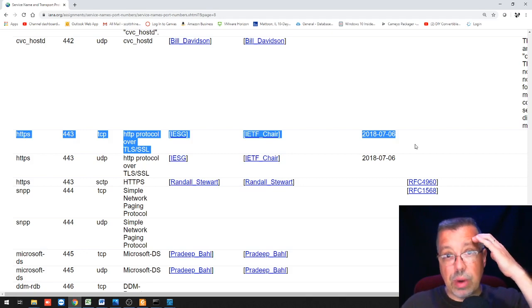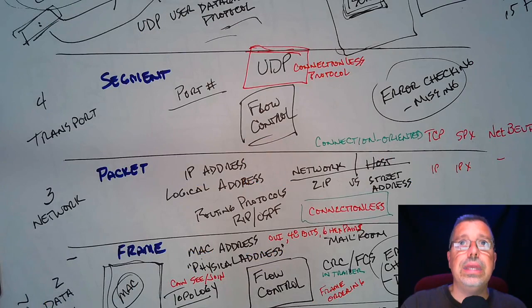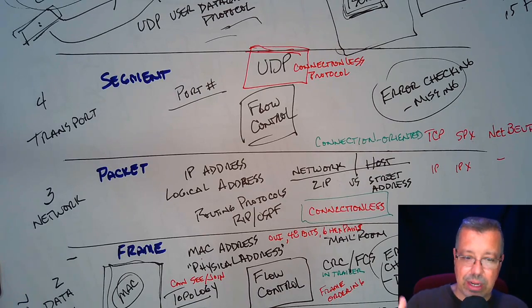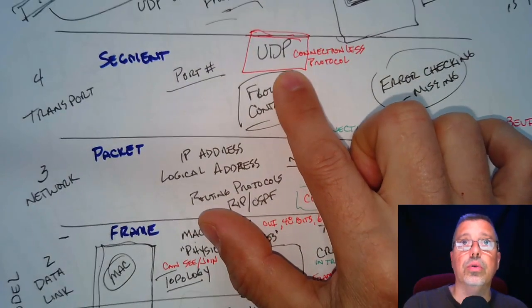If it can get there on time, great. If it can't, just drop it. That's connectionless, and that's what UDP does. UDP is used in an environment where I need real-time delivery, and I don't want connection-oriented delivery where I'm going to make it up.